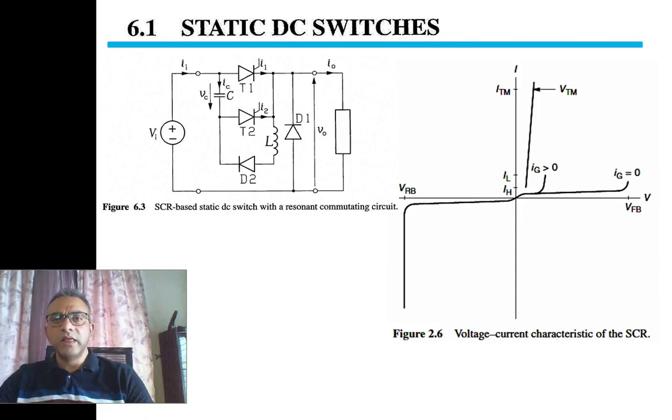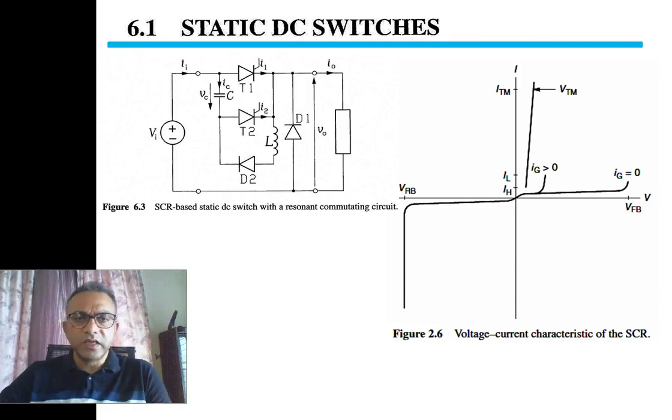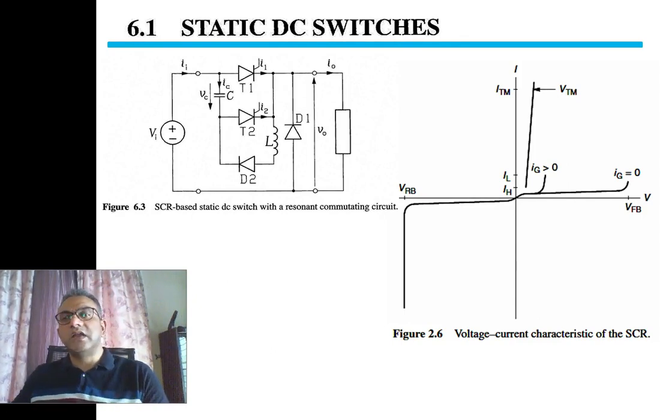So in this slide, we revised the voltage current characteristics of the SCR, and we refreshed our memories that to turn off the SCR, we need to reduce the thyristor current below the holding current. And in the next slide, we will discuss how the SCR turns off itself.